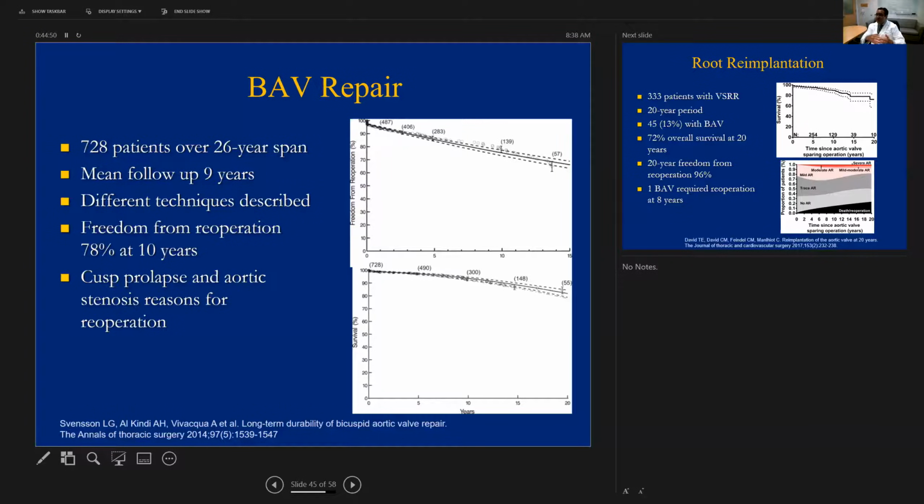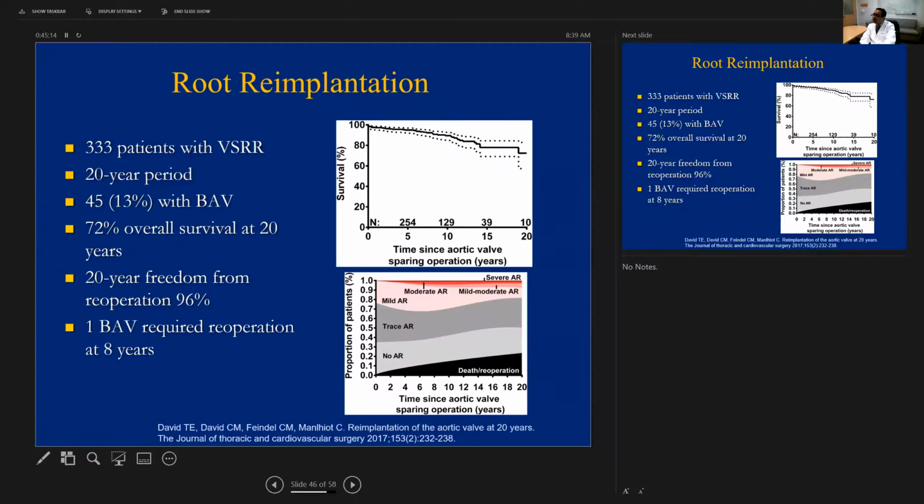And you can see that they employed many different techniques, and the techniques have evolved. But for whatever it's worth, freedom from aortic reoperation was about 80% at 10 years. That's quite good if you really think about a field with over 26 years of experience, that they've achieved pretty good, satisfactory results. And these techniques have improved over time, and the outcomes have improved over time. But this is one of the largest series out there.